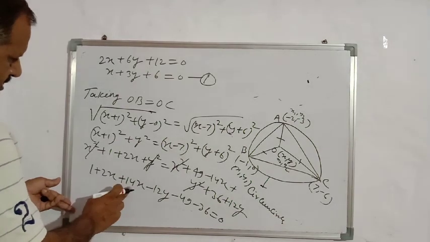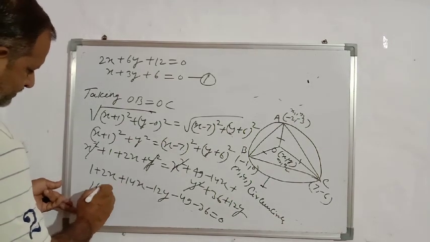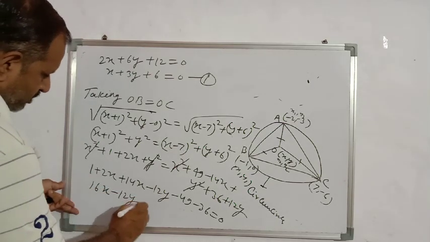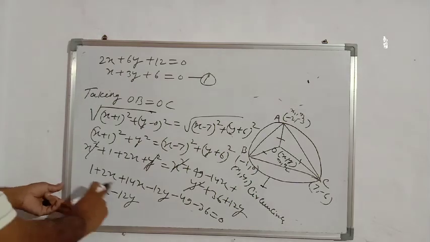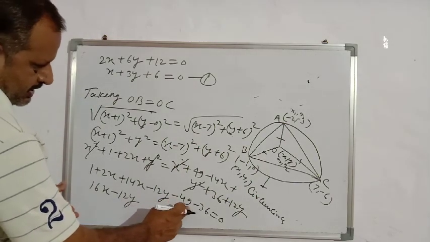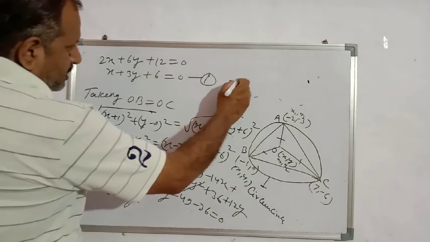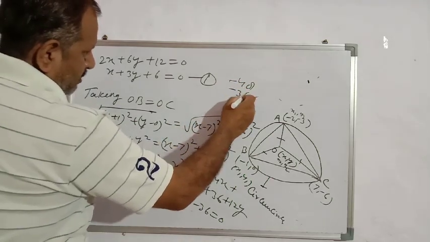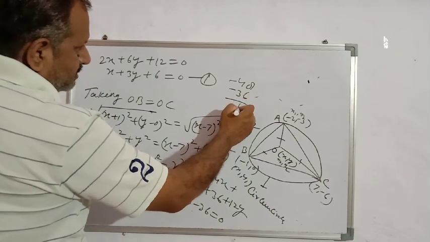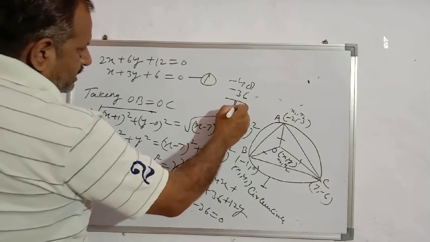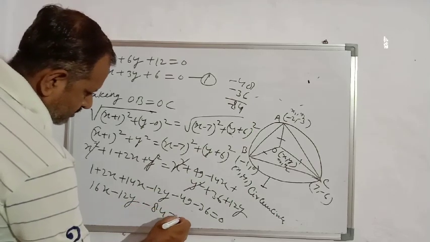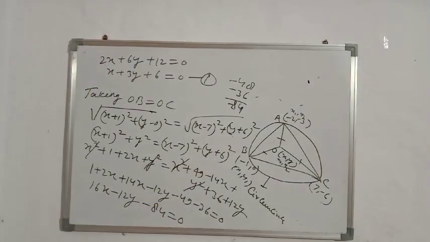So 2x plus 14x, 16x minus 12y, and simplify this one. 1 minus 49 is minus 48, minus 36 minus 48 minus 36, minus 84 plus 84, 4 is equal to 0.